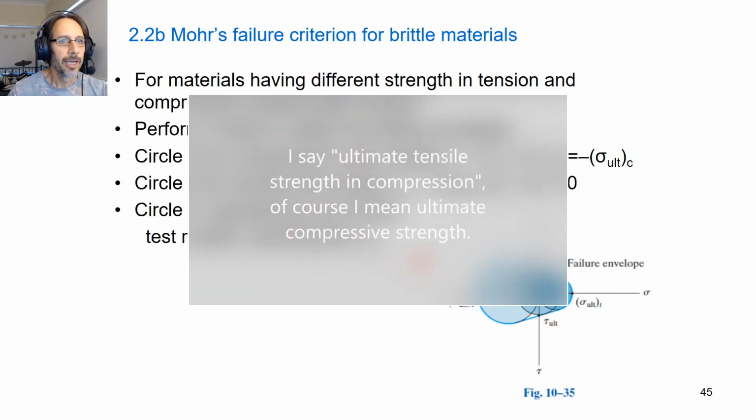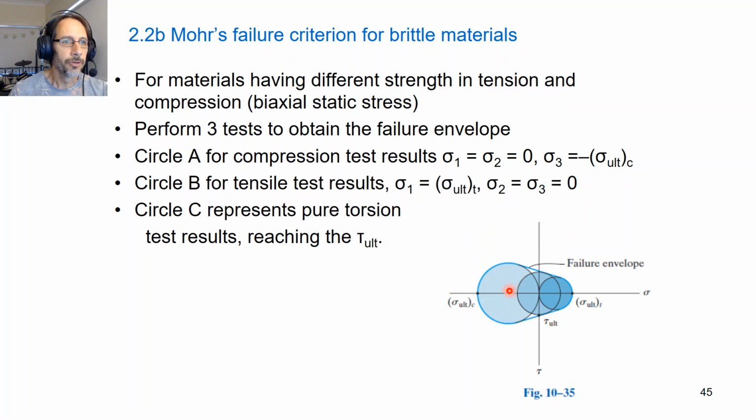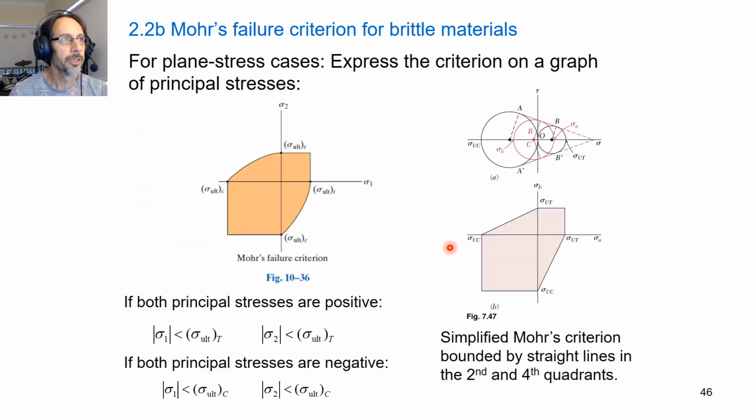For materials that have different values of the ultimate strength in tension and compression, and many materials do, you need to modify that criteria, and that's Mohr's criterion. Here, typically the ultimate strength in tension is less than it is in compression.